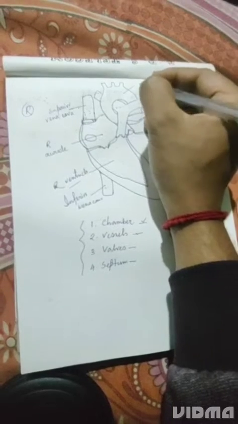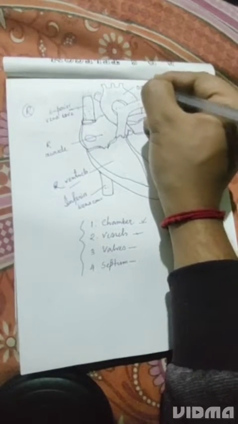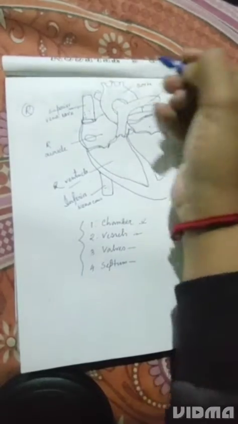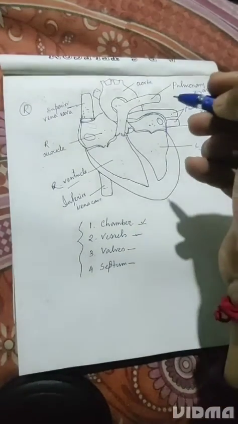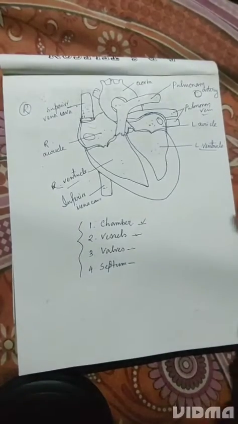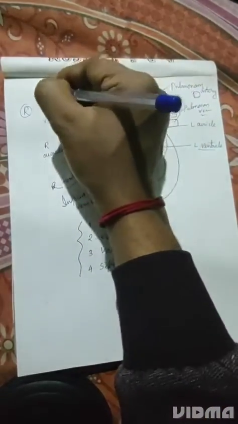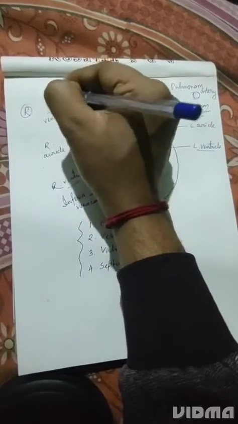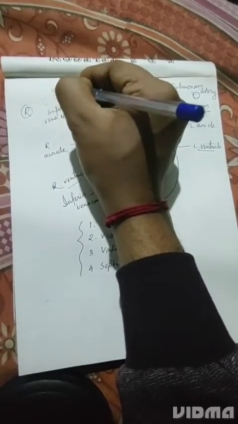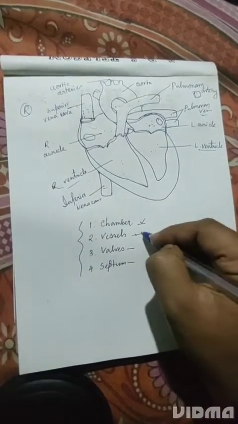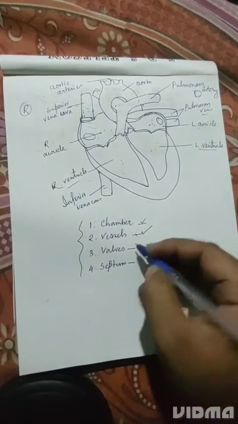This big one is the aorta, and these three small vessels attached to it are branches of the aorta, the aortic arteries. Clear? So these are the vessels we are dealing with.